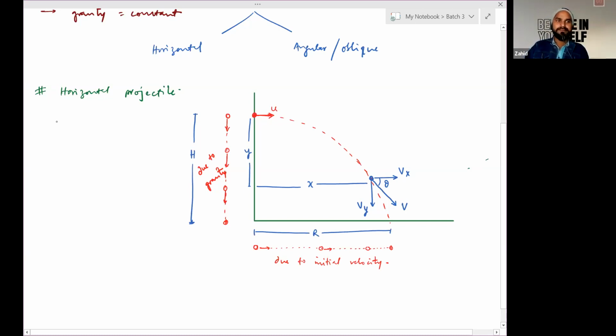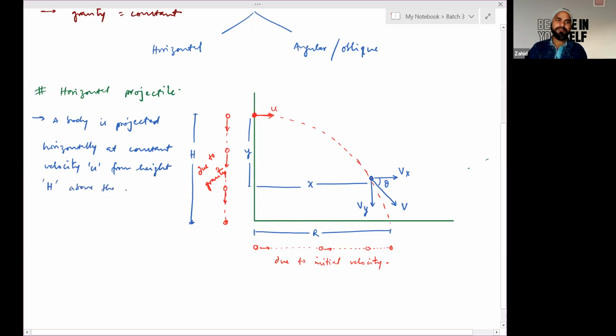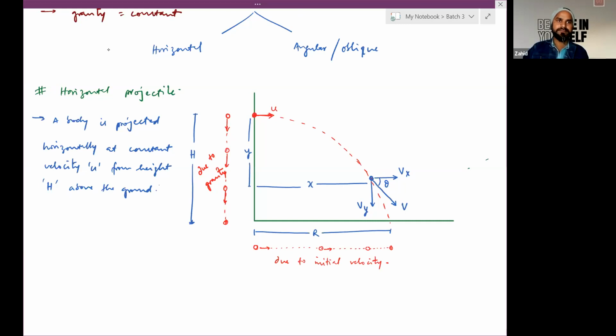So in this part, a body is projected horizontally at constant velocity u from height h above the ground, for which we can break its motion into two parts.